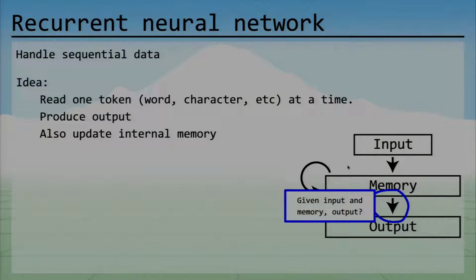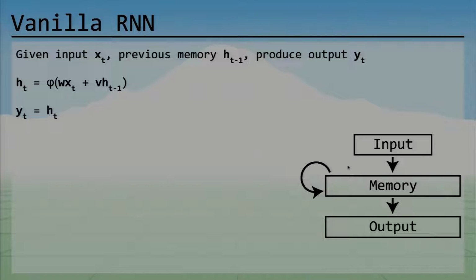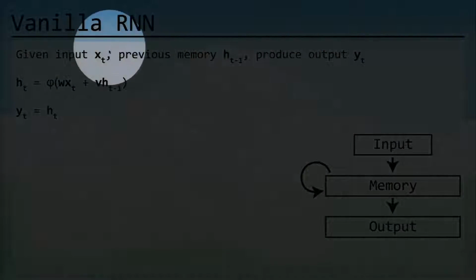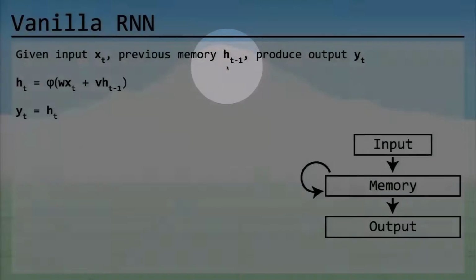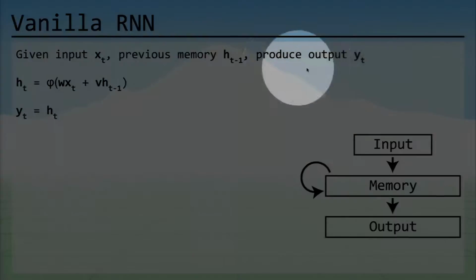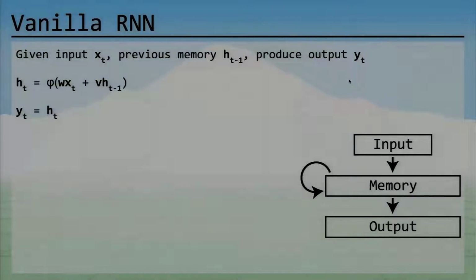And there are a bunch of different ways of doing this, and these form different kinds of RNNs that people talk about. The simplest way of doing this is the vanilla RNN, where we have some pretty simple processes taking place. We have our input xt, we have our previous memory h at t minus 1, and we want to produce some output yt.